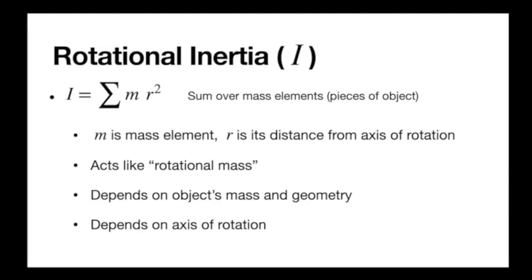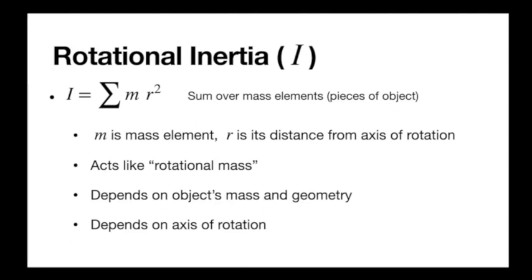But let's say I picked my axis of rotation, instead of the one going vertically through the center, to be the one going horizontally through the middle of the chair. Then the rotational inertia expresses how hard it is for me to rotate the chair end over end, which is much harder. And so I'll get a different rotational inertia.